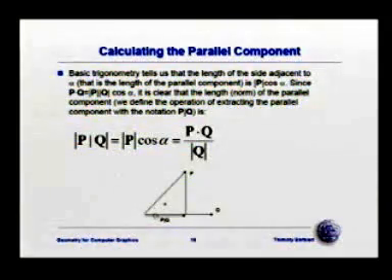This is trigonometry. So this is the hypotenuse multiplied by cosine of alpha. So the norm, that's a scalar of course, the norm of P pipe Q equals the norm of P multiplied by the cosine of alpha.